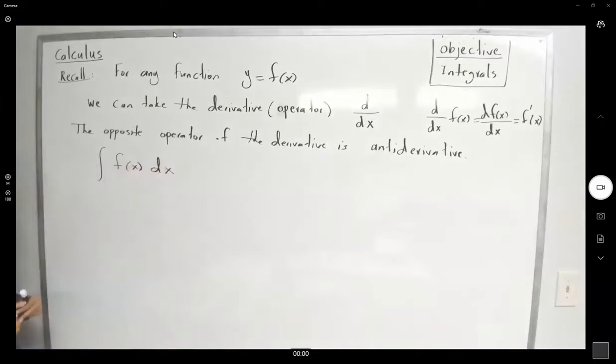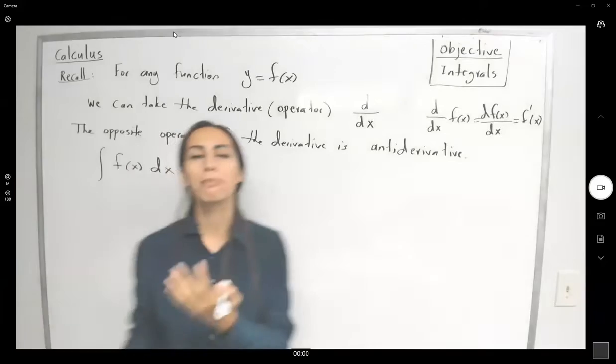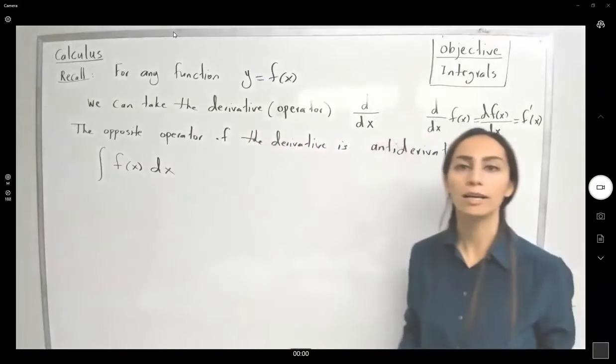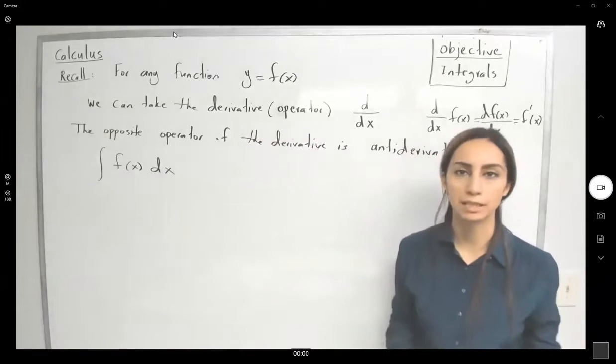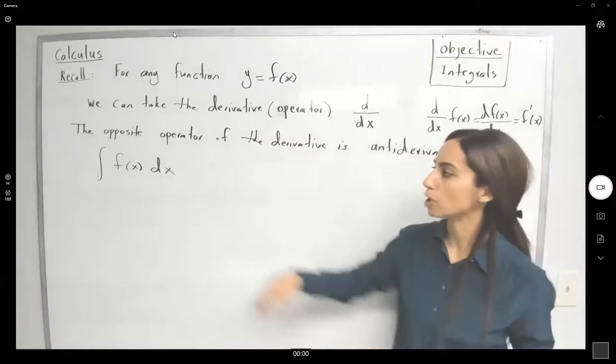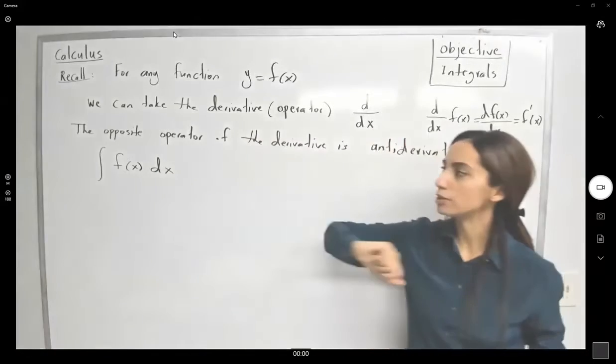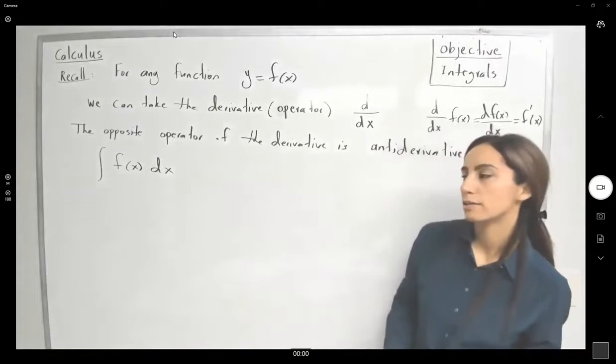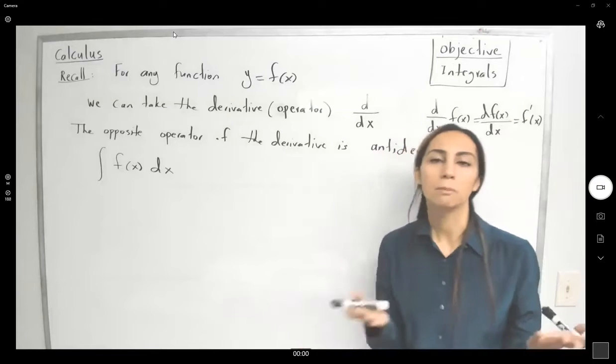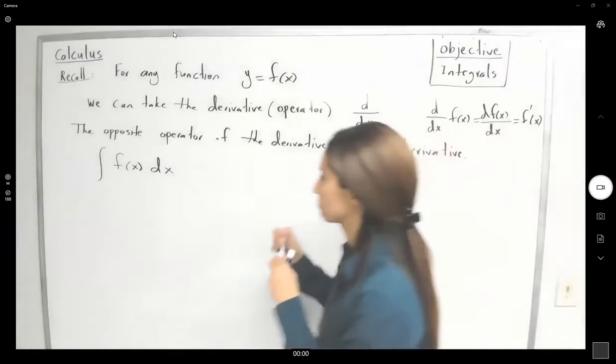If we have a function f and we are taking the integral of function f, in different branches of science the integral has a different meaning. One of the simplest examples is the area below the curve.